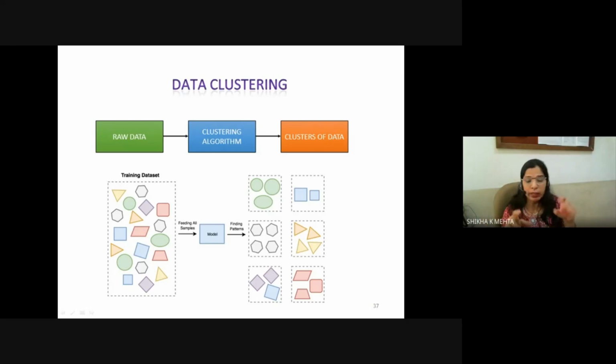And when we apply the clustering algorithm, we find out the centroid, the central point of this particular cluster. This center point of the cluster will be the location where this food chain should be opened.